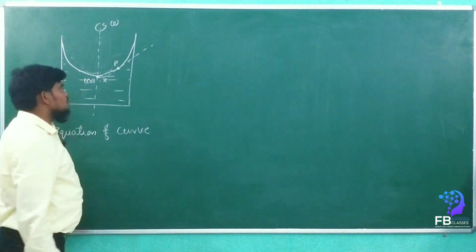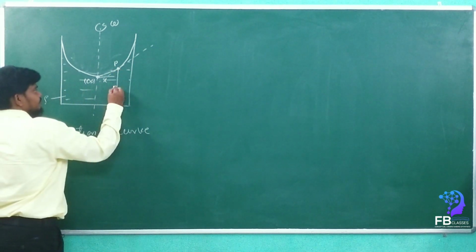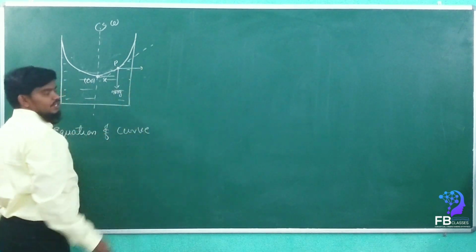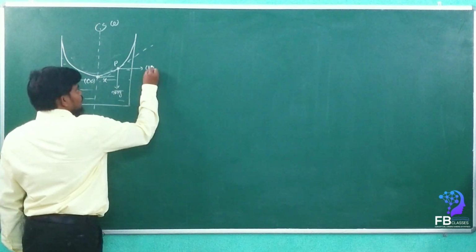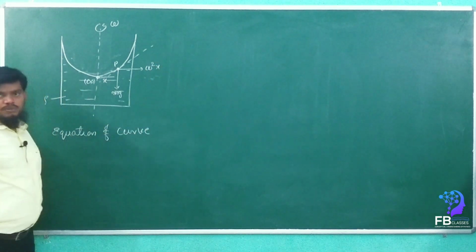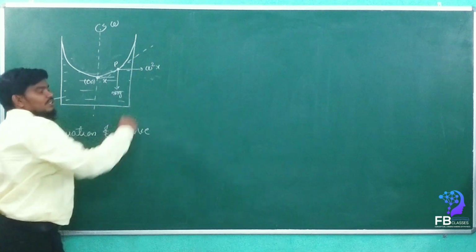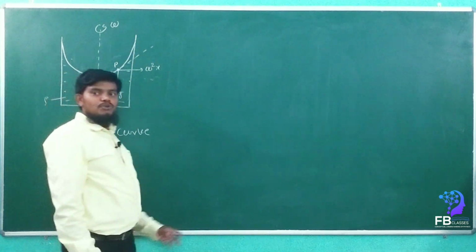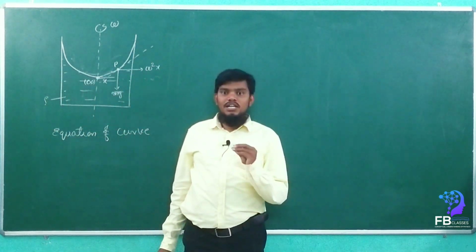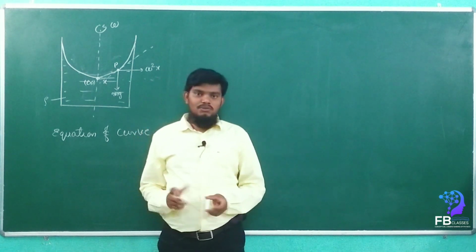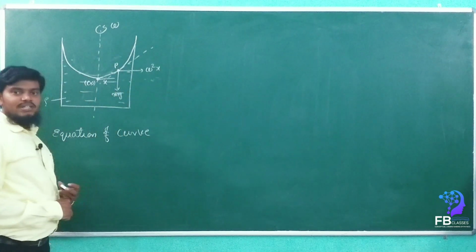Got it? So now here mg is going to act in this direction, and the pseudo force will act, that is omega square into x. Now along the tangent, the net force along the surface of the liquid column is 0. Yes or no? That's what we learned from the conceptual understanding.